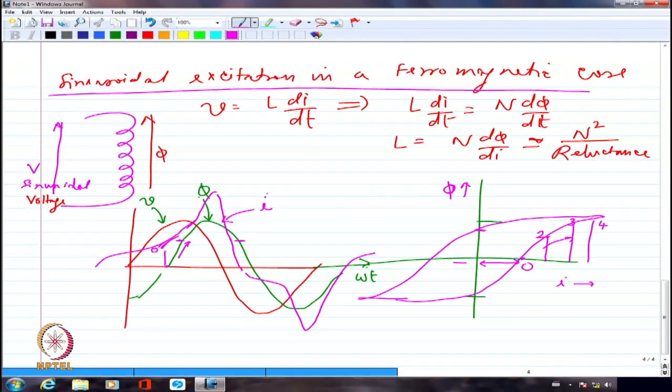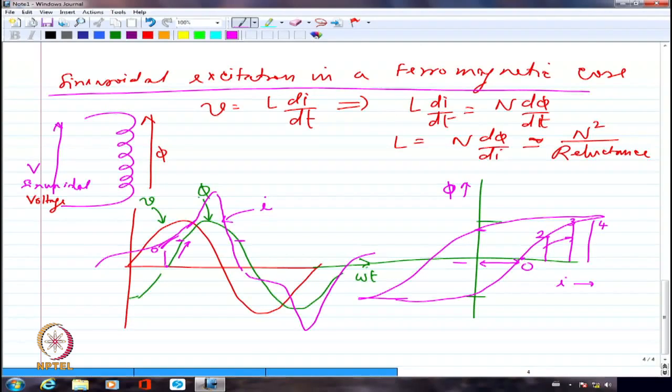But most of the time, when we look at transformer functioning, for example, initially when the flux is established, the current drawn by the transformer is known as the magnetizing current. It is magnetizing the core and establishing the flux. That magnetizing current is really small because of the permeability of the iron being so high.